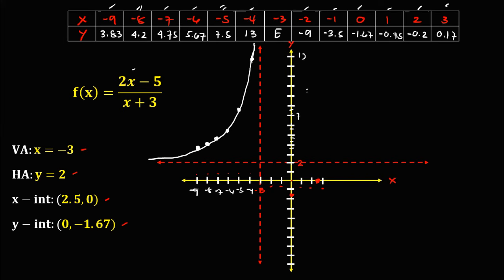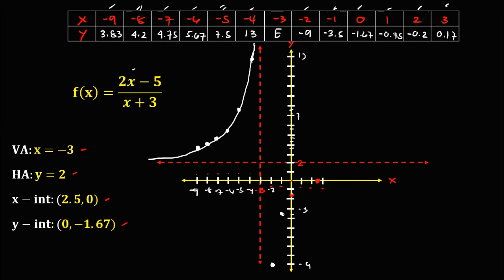Then the other one, on the right side, if x equals negative 2, then y equals negative 9. So this is the point. Then if x equals negative 1, that's negative 3.5, so this is the point.